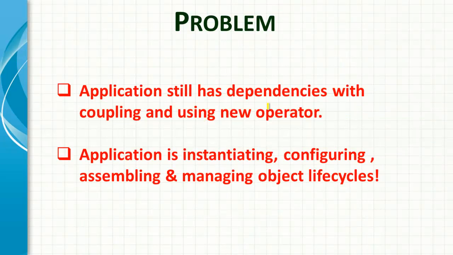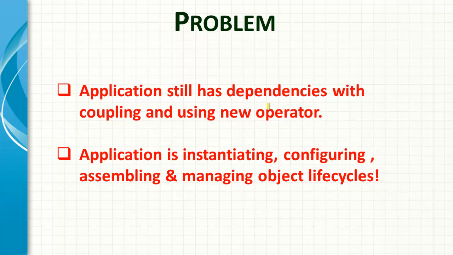Another important aspect is the application is instantiating, configuring, assembling and managing the object lifecycle. When the object will be initialized, what type of data it will need, how I'll use it, and finally how I'll garbage collect it, how I'll destroy it, how I'll get rid of it, and the scope of the object, that is, which part of the system it is available to.